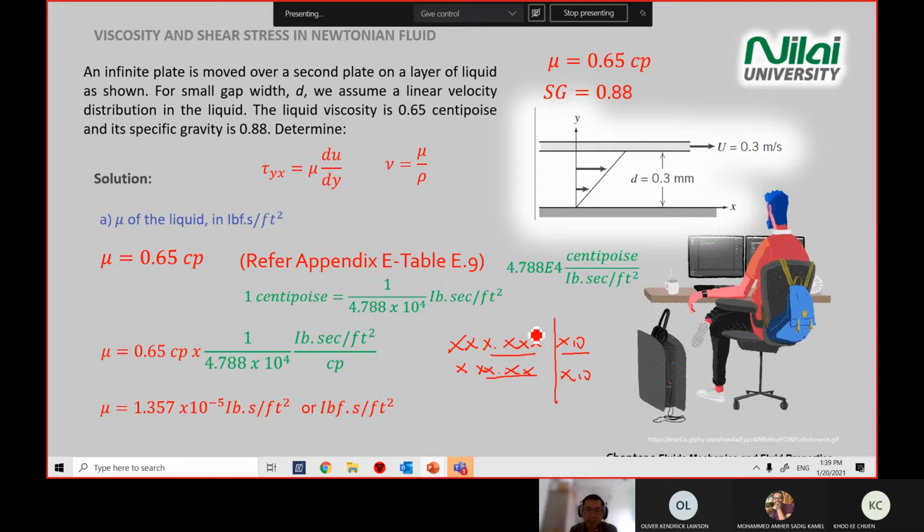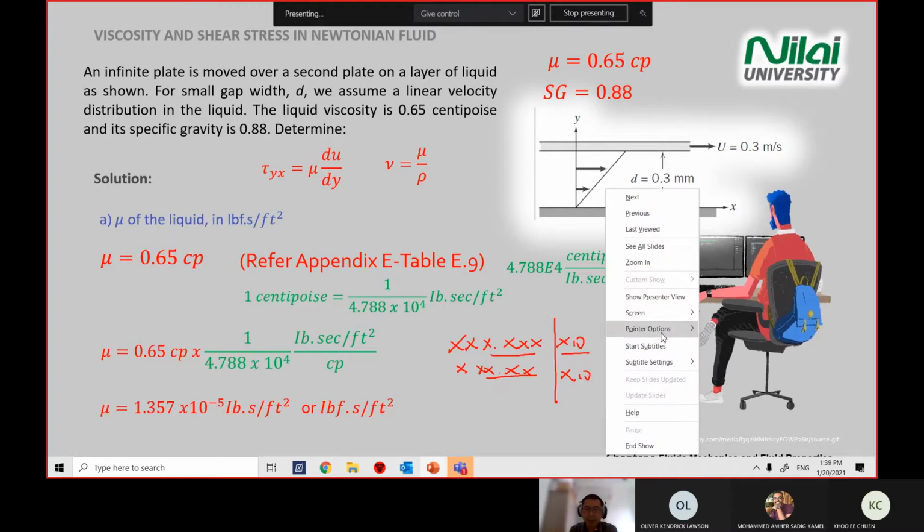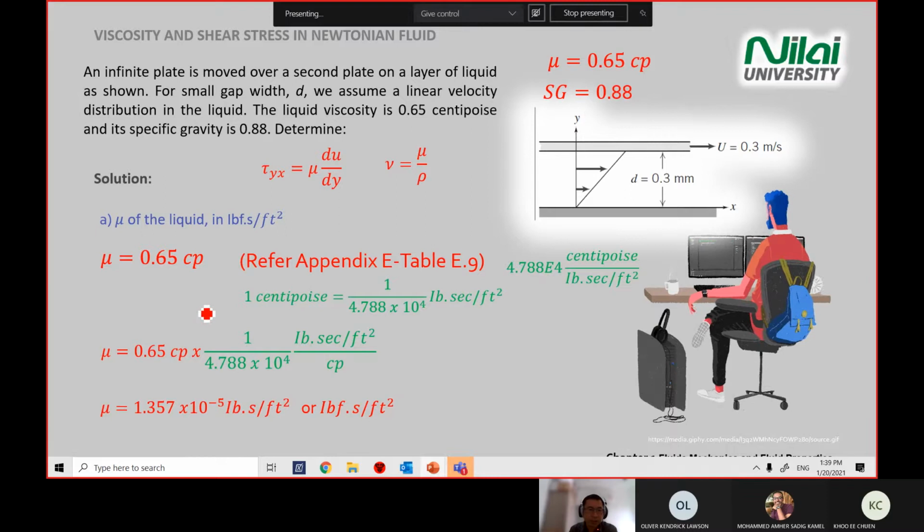I'm talking about the number in front of the index. So stop me if you do not understand what we're doing now, or why suddenly we get 1.36 10 power 4.